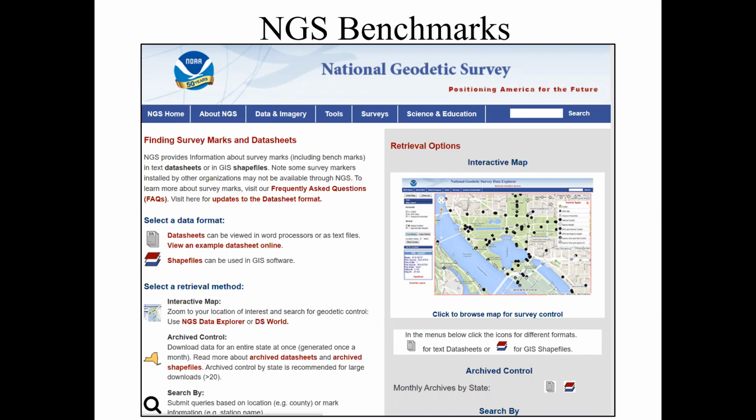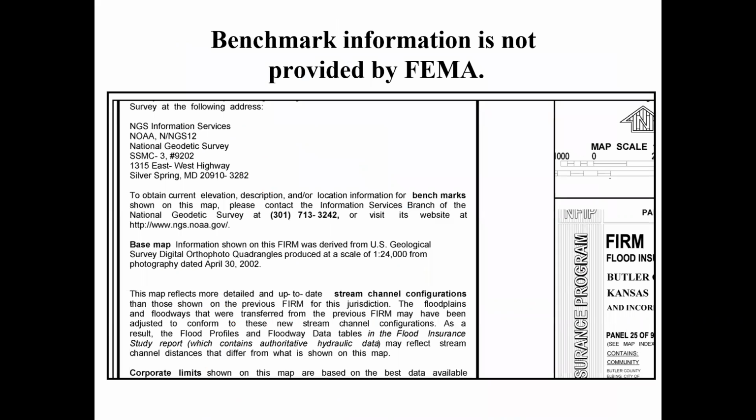There we go. So this is what it says in the map notes. Since that time, it just says to get in contact with NGS, whereas it used to have the reference mark information. So it has their contact information there.